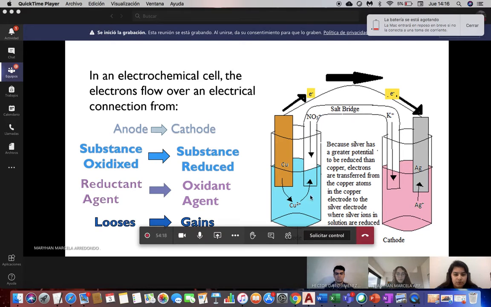We have to keep in mind that the substance that is being oxidized is the anode, therefore it is the reductant agent. And the cathode is the substance that is being reduced, therefore it is the oxidant agent.